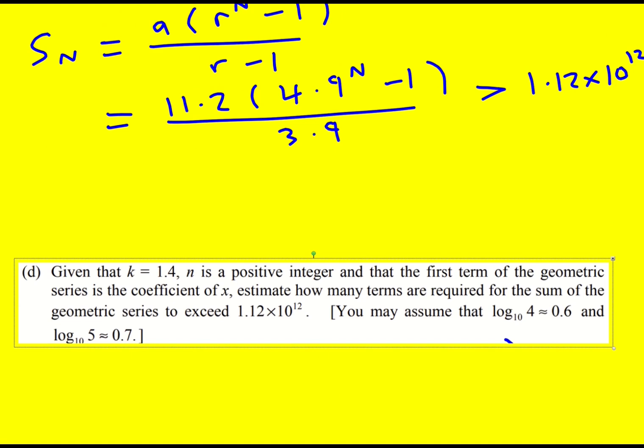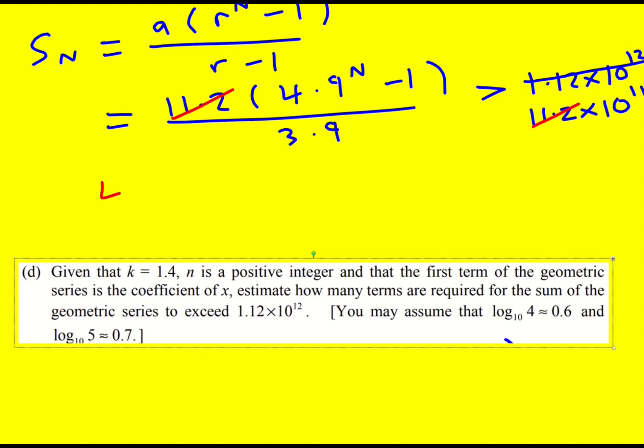First thing, I've got 1.12 here, and I've got 11.2 here. So I could write this as 11.2 times 10 to the 11. Out of standard form, but in a more useful form because now these cancel.